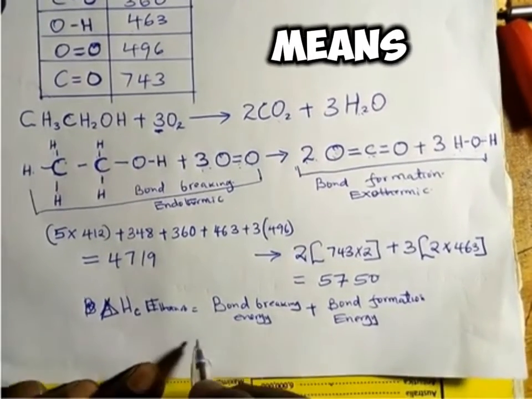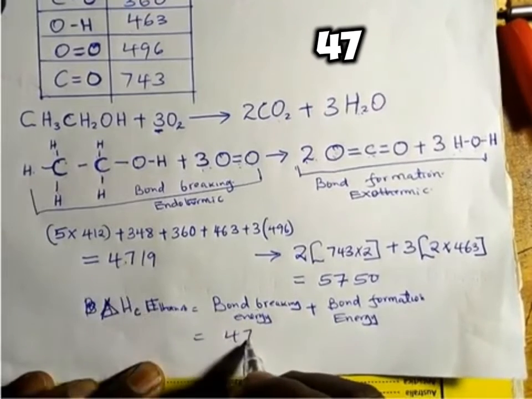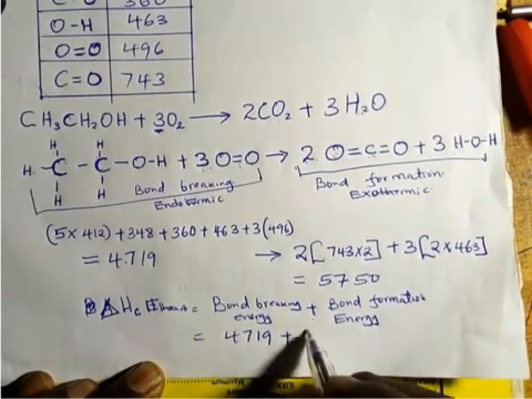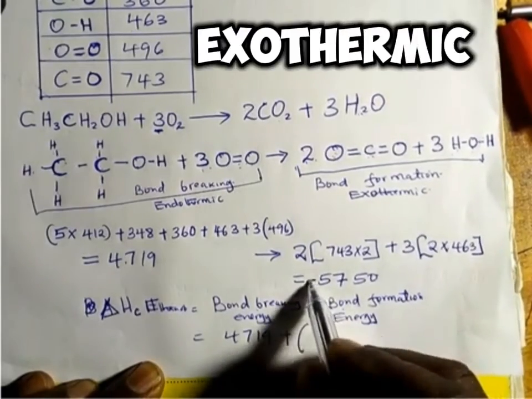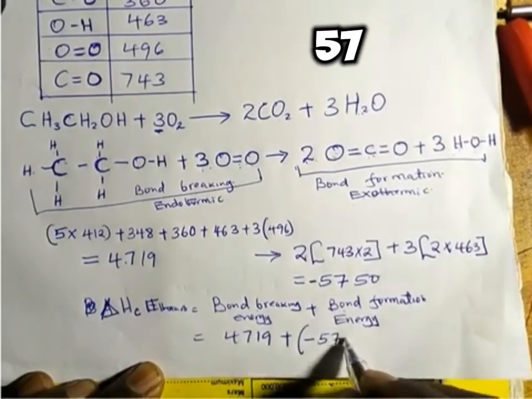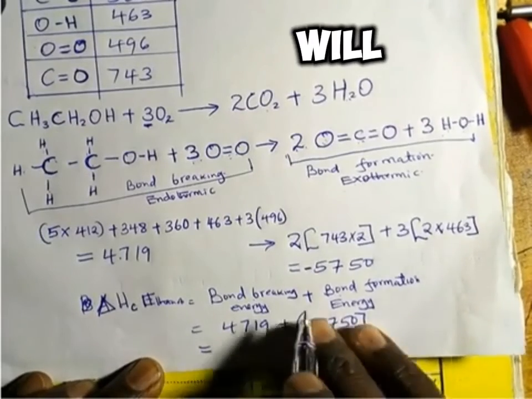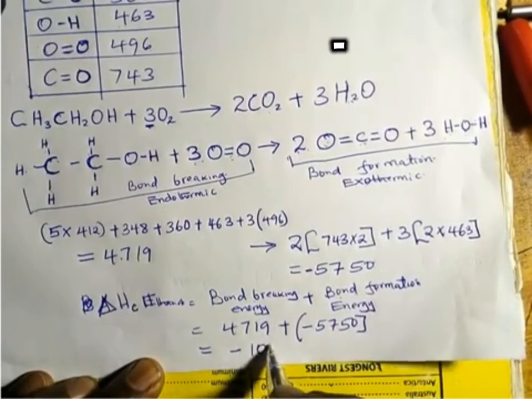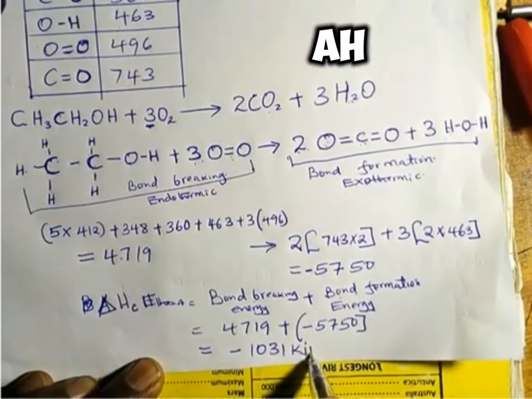This means we know the bond breaking is endothermic, so we just write 4719, then plus, but we know that whatever we are adding here is exothermic. It should always be negative, so negative 5750. So this will give us negative 1031 kilojoules per mole.